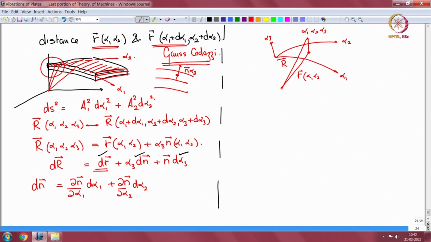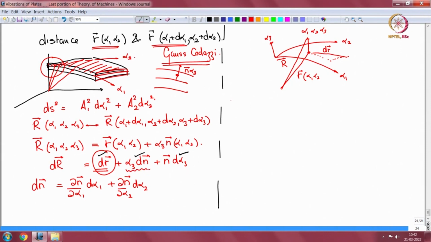Now I move a certain distance in the alpha 1 direction, a certain distance in the alpha 2 direction. This is my dr, this is my dr. Then I move alpha 3 times dn.